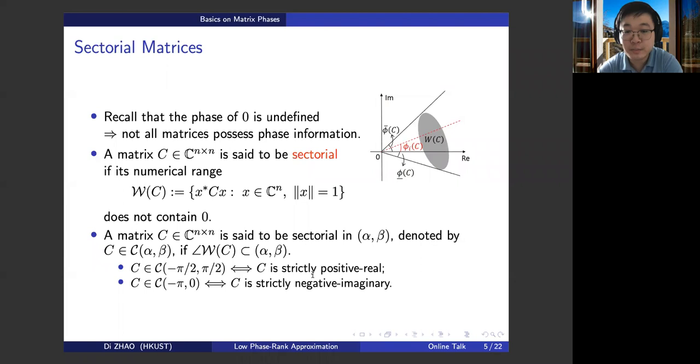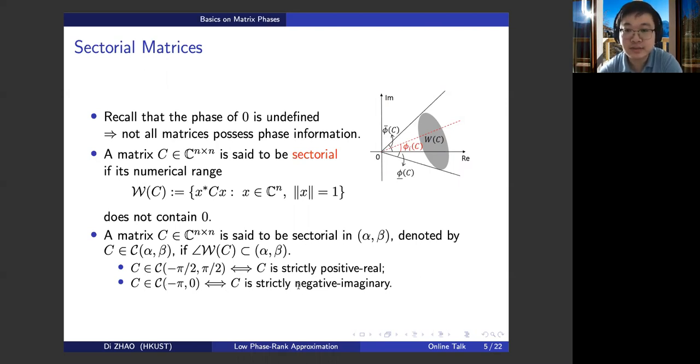In other words, the real parts of all its eigenvalues are strictly positive. Similarly, if we choose the interval to be minus pi to 0, then this matrix C is just a strictly negative imaginary matrix, which means that the imaginary parts of all its eigenvalues are strictly negative.